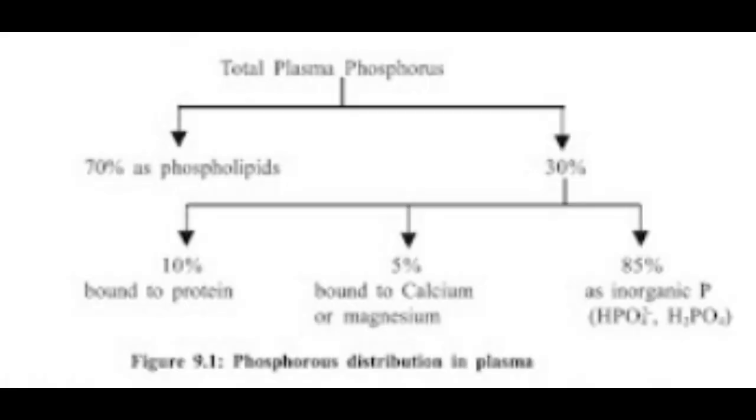In plasma, phosphorus is distributed in different forms, as illustrated in Figure 9.1. Figure 9.1. Phosphorus distribution in plasma. Look at the screen. Inorganic phosphorus is also referred to as ultrafiltrable phosphate and ranges between 2.5 and 4.4 mg per dl in adults. Excretion of endogenous phosphorus is mainly through the kidney.